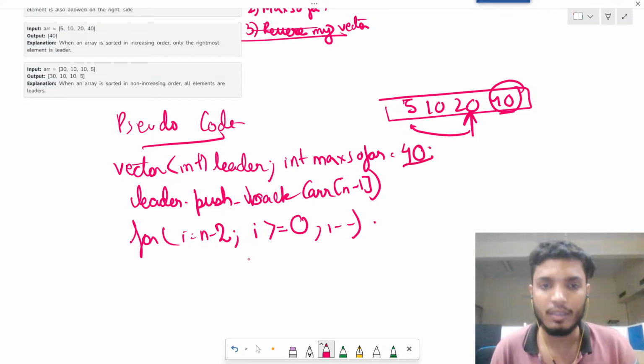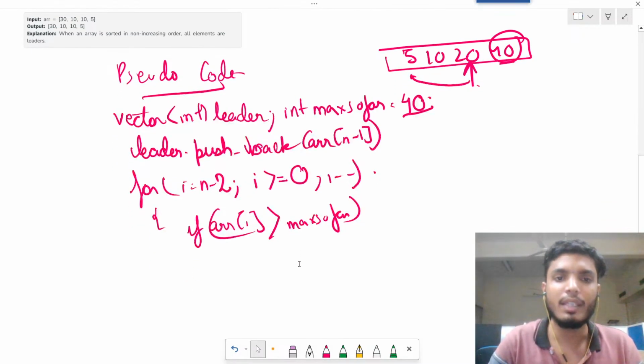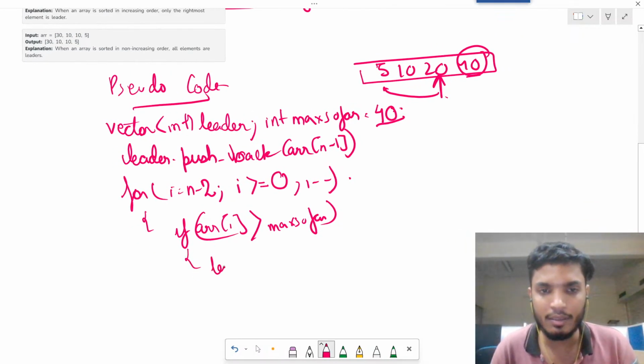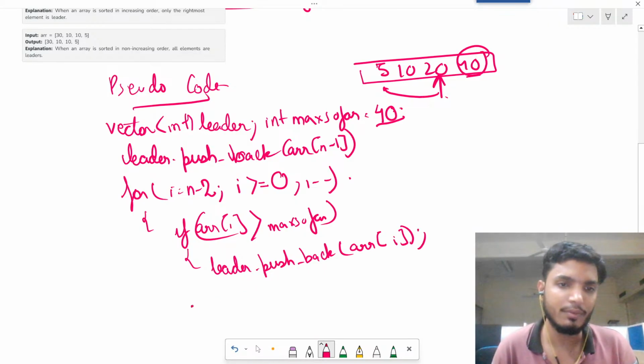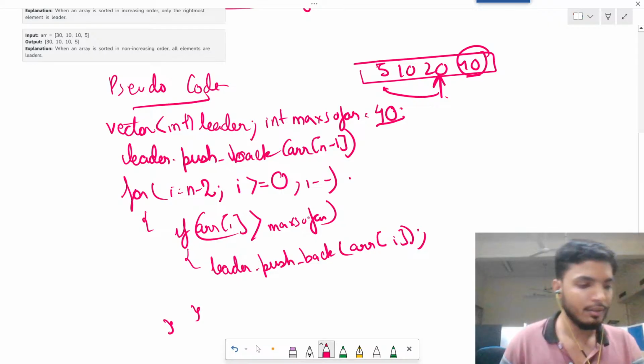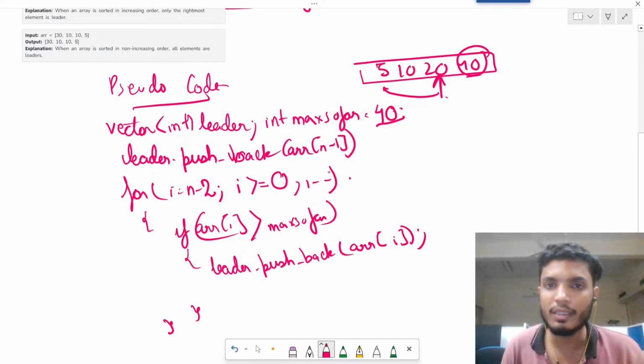Okay. So what I need to do is check whether ARR of I is greater than maximum so far. If it is greater than maximum so far, then I will simply push it into the leader, leader dot push back ARR of I. Then I will also update the maximum so far.